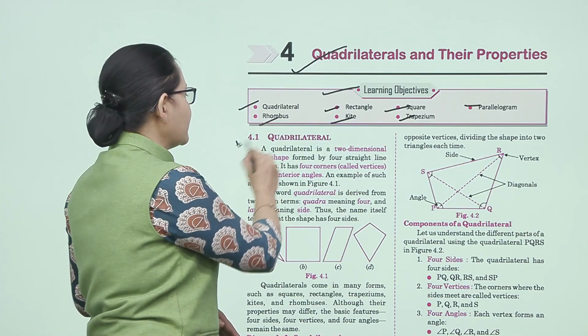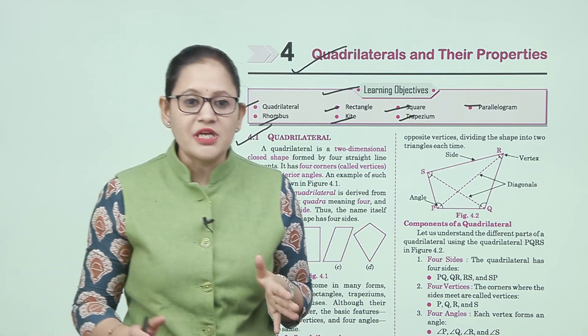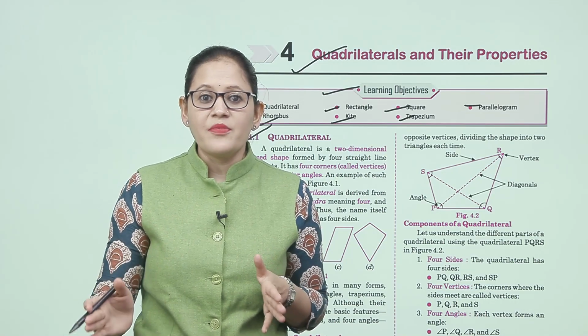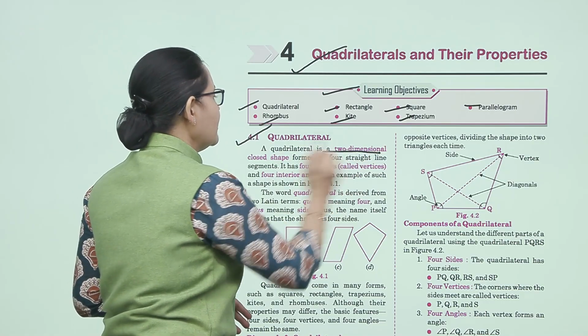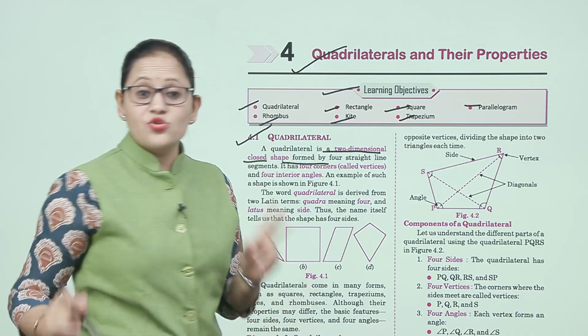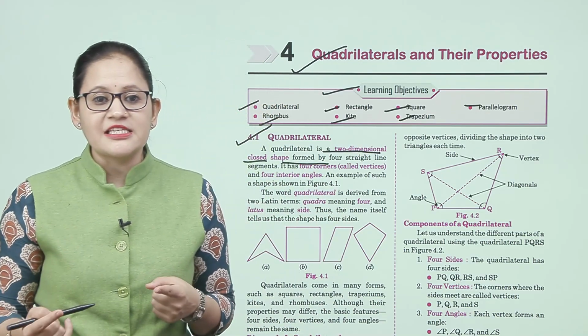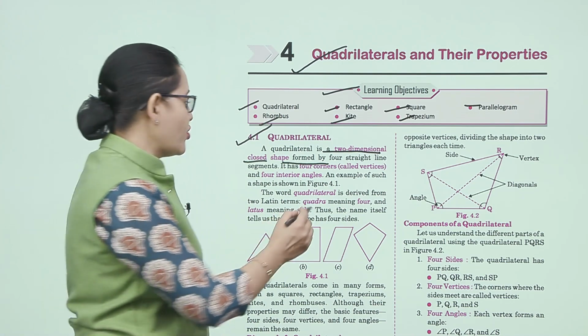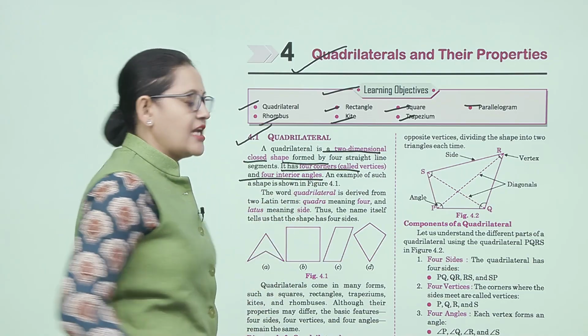So we are going to start with the quadrilateral. What is a quadrilateral? A quadrilateral is a two-dimensional closed shape formed by 4 straight line segments. It has 4 corners, called vertices, and 4 interior angles.